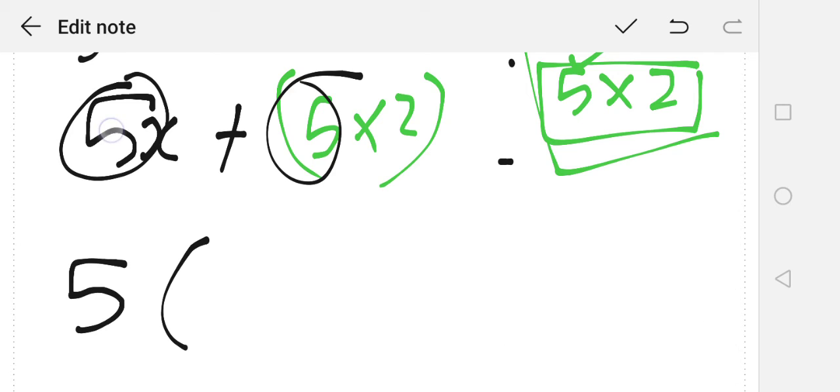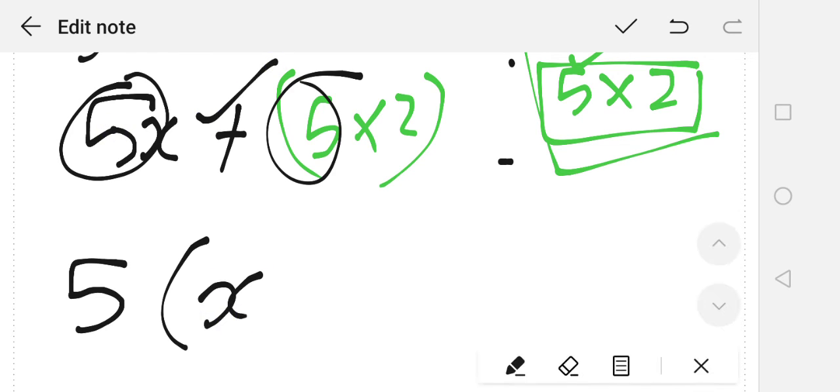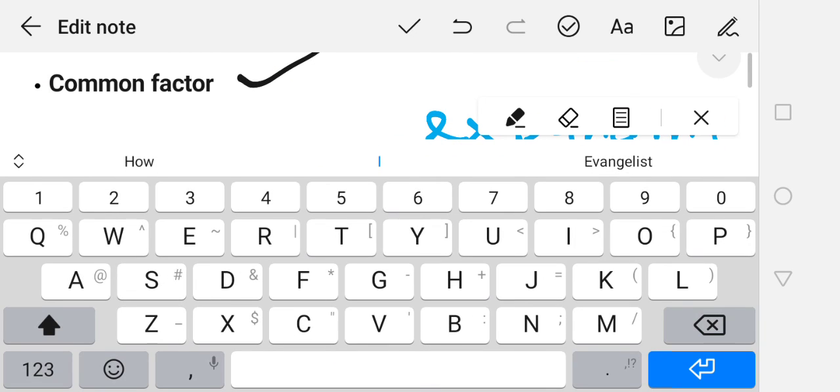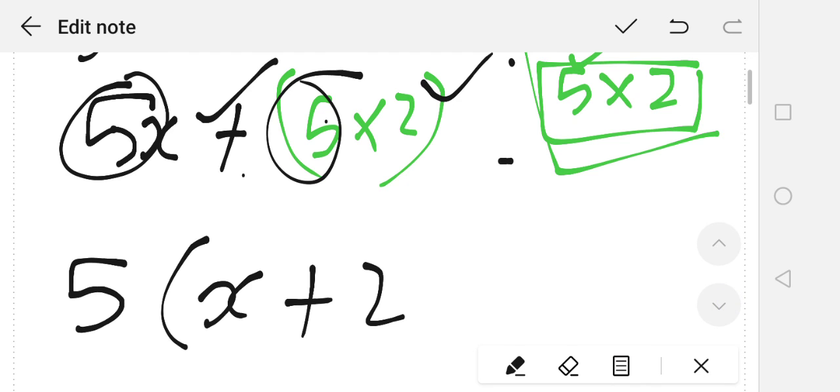So when we take 5 out of our first term, we will be left with x. So we will write this x here, and of course we will write the positive sign inside our bracket. If we take 5 out of the second term of our expression, we are left with 2. So we will write this 2, and after writing the 2, we will then close our bracket.